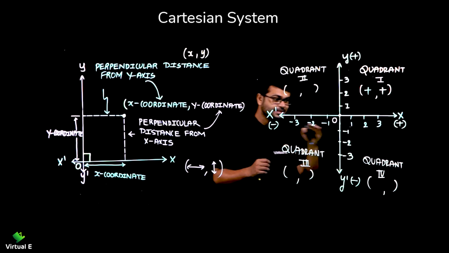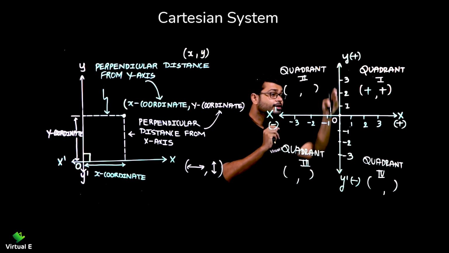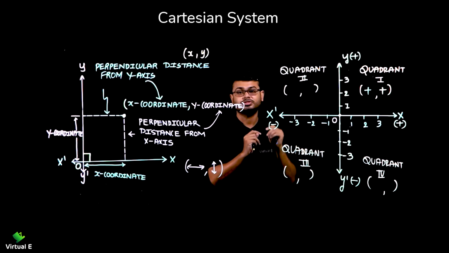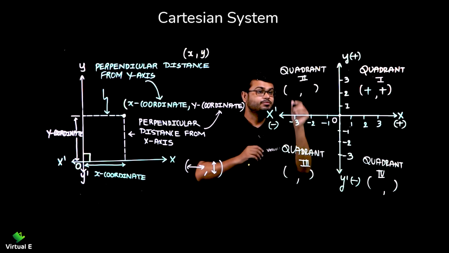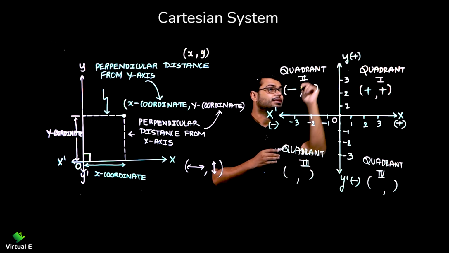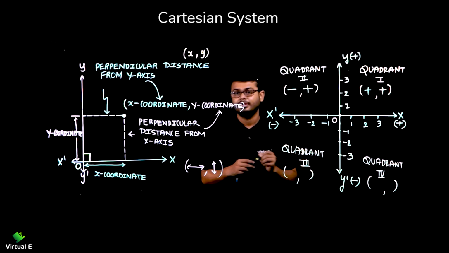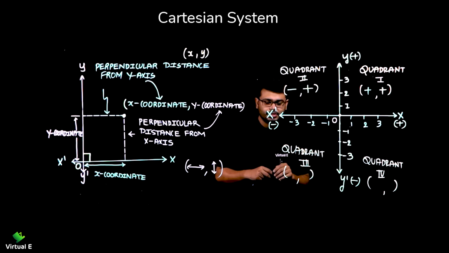Remember, we are only talking about this box. What about the x-axis? X-axis we are having negative. And what about the y-axis? That is positive, right? So signs for the quadrant 2 are minus and plus.